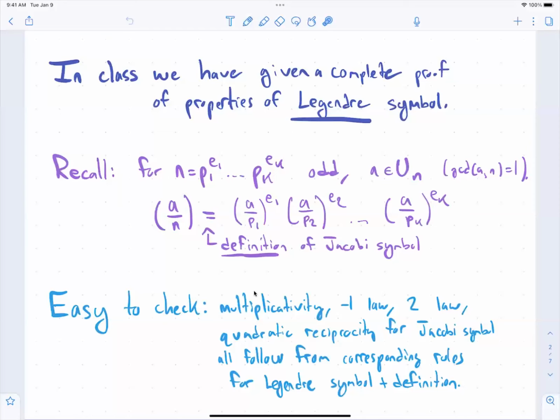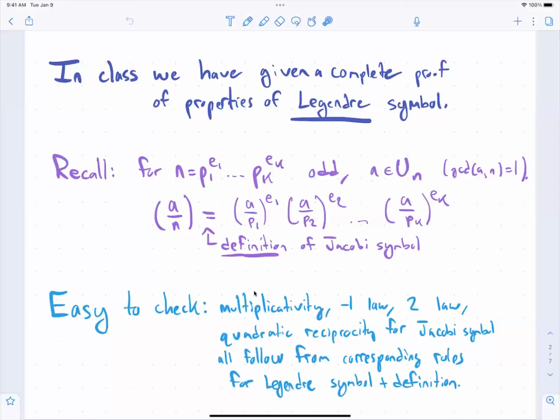So you might ask, do you need a separate proof for this? And the answer is basically no. It's really easy to check that once you have those 4 properties, multiplicativity, the -1 law, the 2 law, and quadratic reciprocity, for the Legendre symbol, they port over as is for the Jacobi symbol.